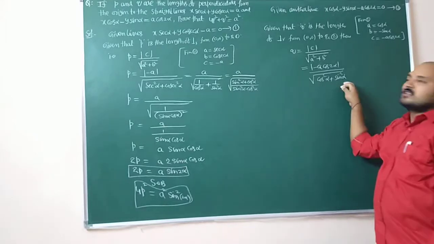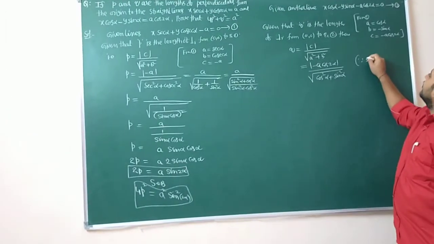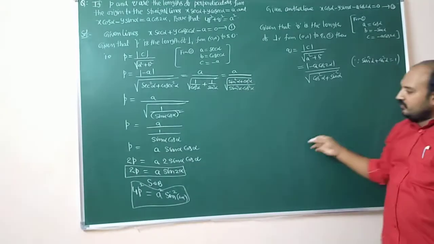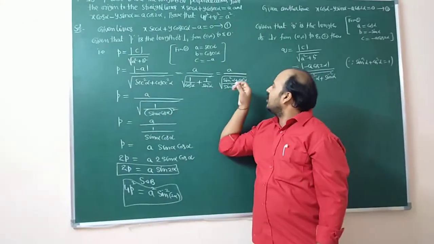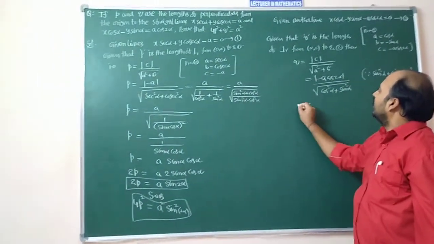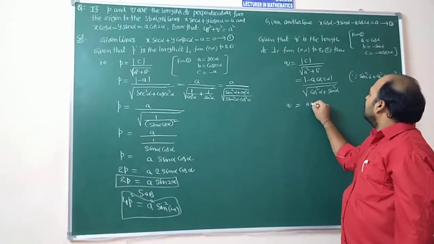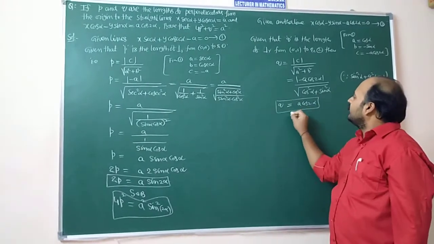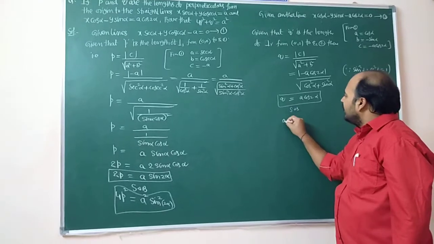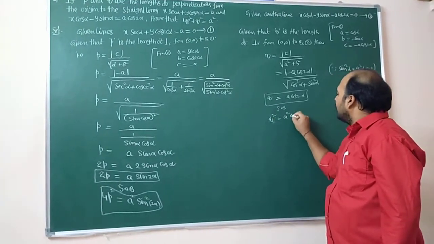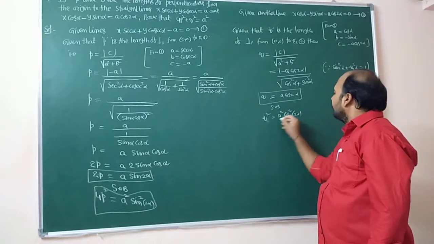We know that sin square alpha plus cos square alpha value is 1. Even here also we applied the same thing, sin square alpha plus cos square alpha equal to 1. So within modulus it will become plus. Therefore q equal to a cos 2 alpha divided by 1, no need to write. This is the value of q. Squaring on both sides, q square equal to a square cos square 2 alpha.